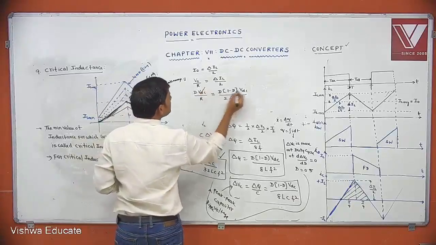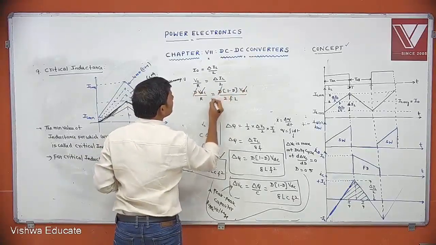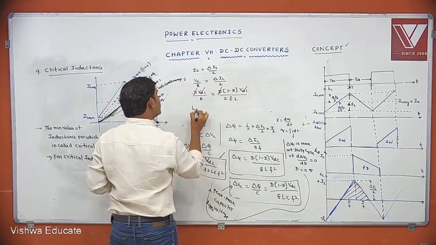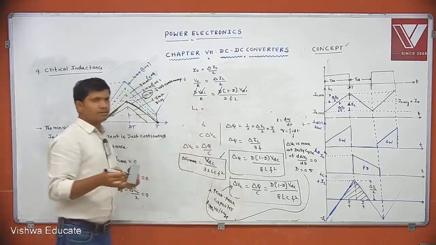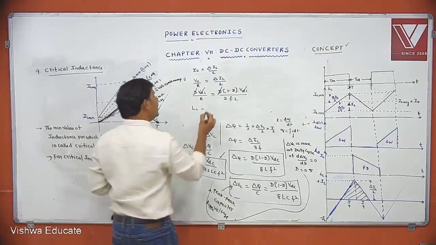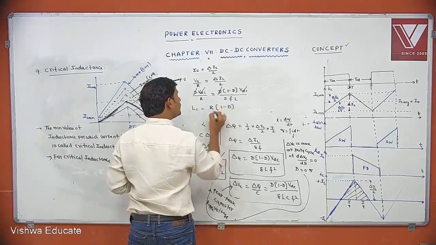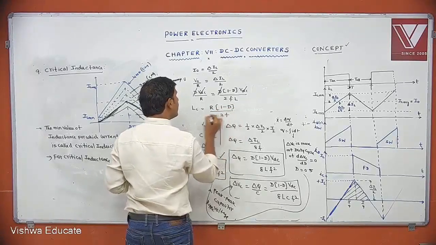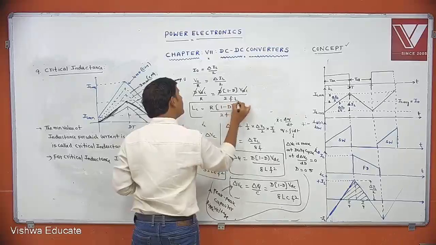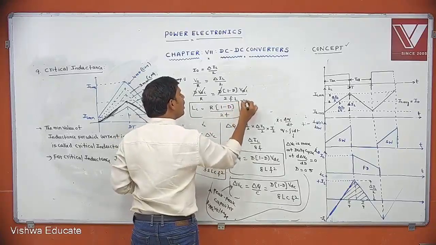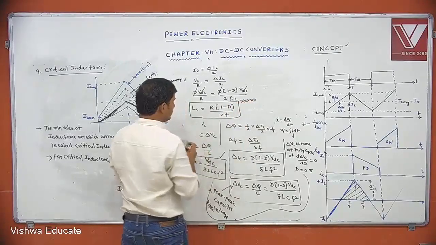Then VDC cancels, D cancels. You want the inductance now. This inductance is called critical inductance. Then R into 1 minus D by 2F. The value of critical inductance equals R into 1 minus D by 2F.